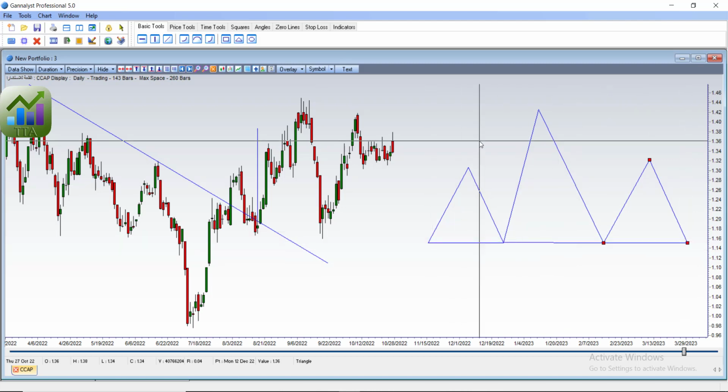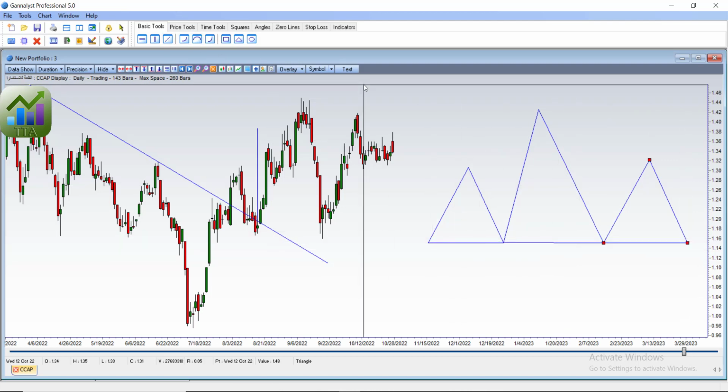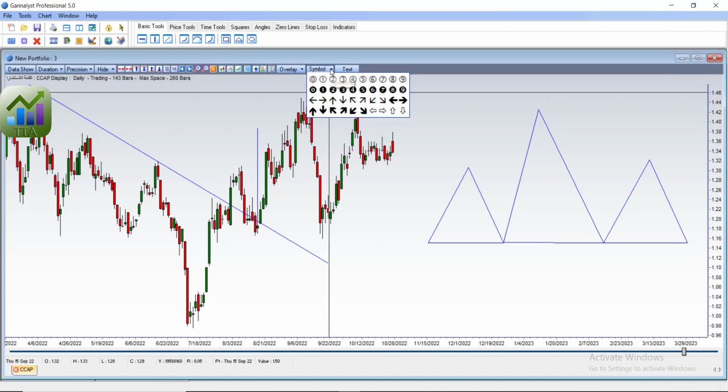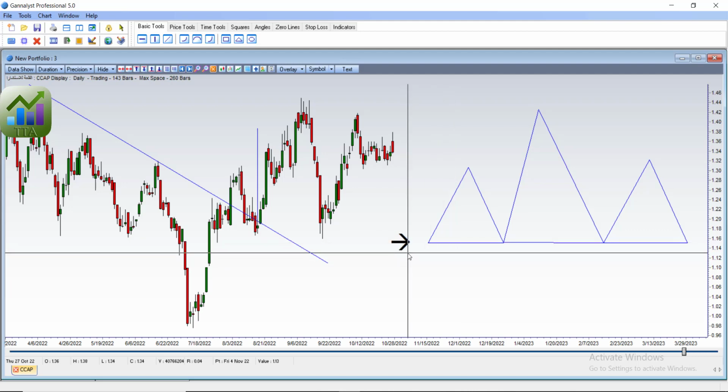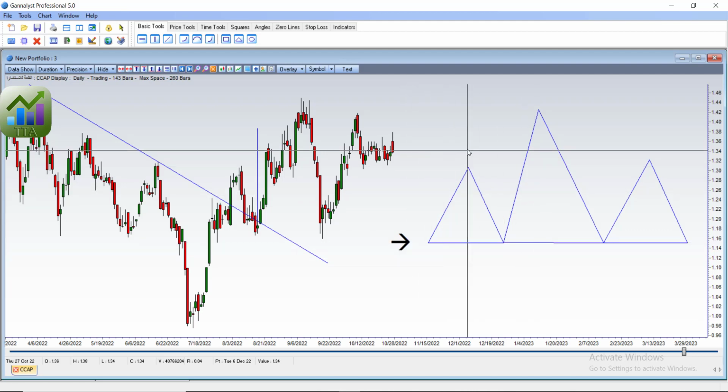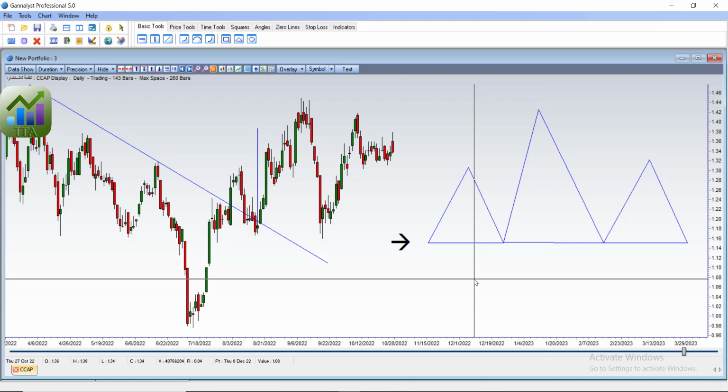So when the price is going below this line, okay, that means it usually reflects itself.